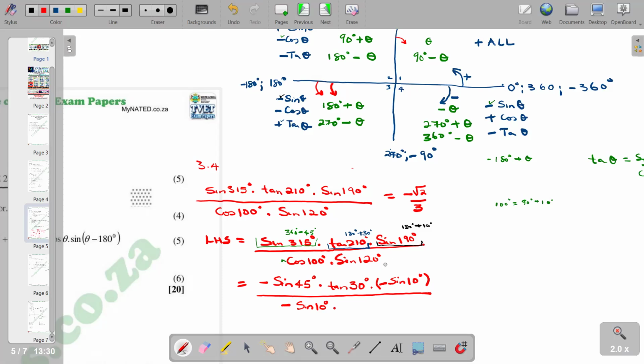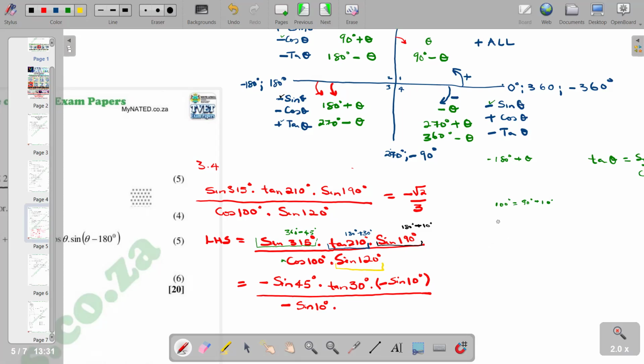120 is in which quadrant? If you check, 120 is in this quadrant. Which one can you use? You can use any of the two in the second quadrant. There's no problem. So we can decide to still use this one.